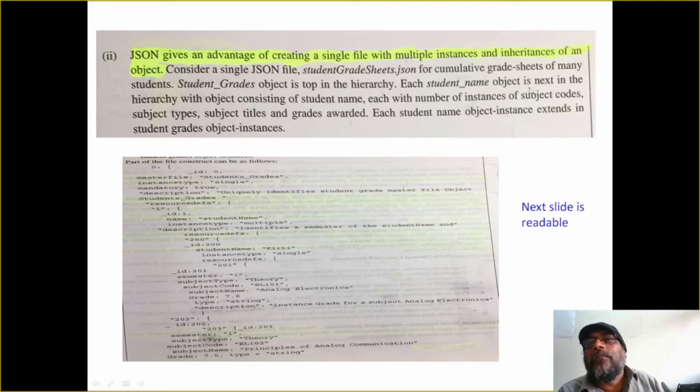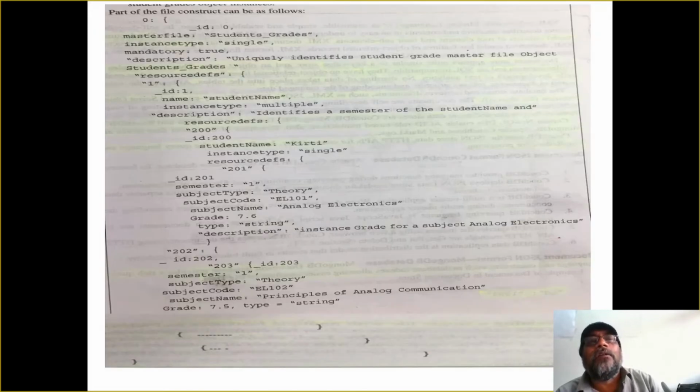Each student name object is next in the hierarchy, consisting of student name and a number of instances of subject code, subject type, subject title, grade awarded. Each student name object instance extends the subject grade object instances. Here this is somewhat not readable, but in the next slide you can read it.